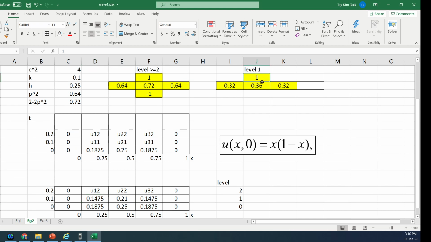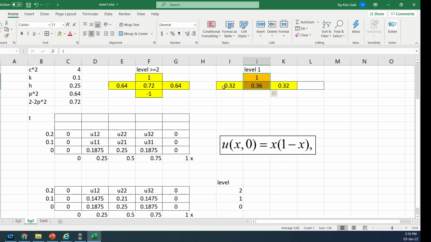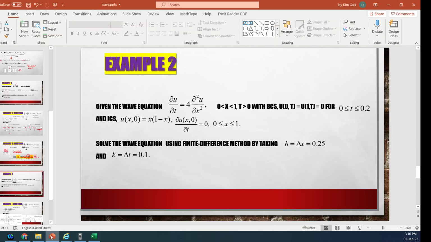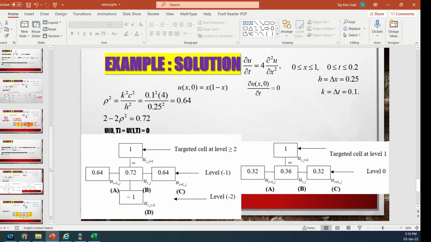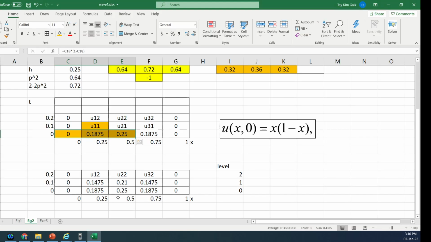Let's say we use this in the first round. Just now we got 0.1475. You can check: 0.1475, 0.21, 0.1475.